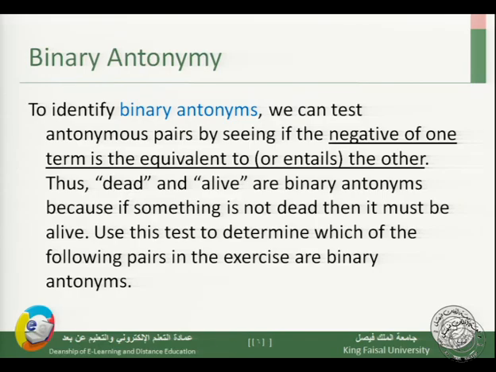So this is a case of binary antonyms. We did this test by creating the negative of the first, and we got the second one. So the negative of the first is the equivalent of the second, or entails the second one. So we can use this test to determine which of the following pairs in the coming exercises are binary antonyms.